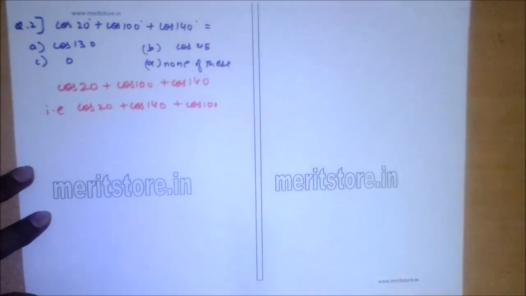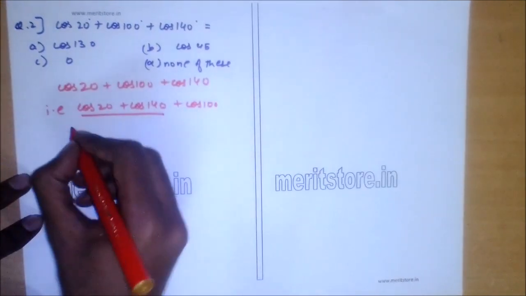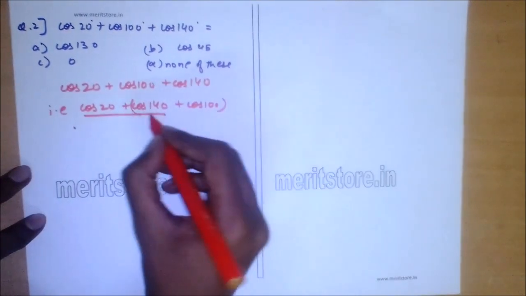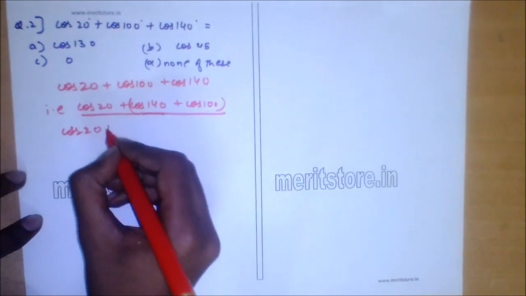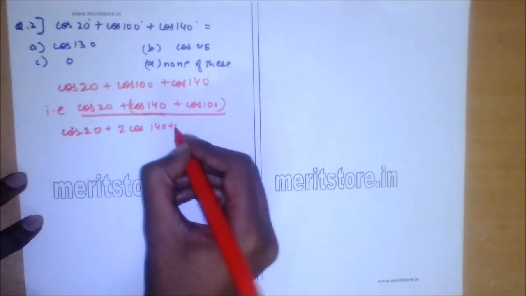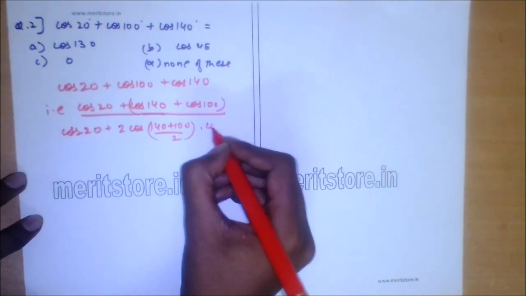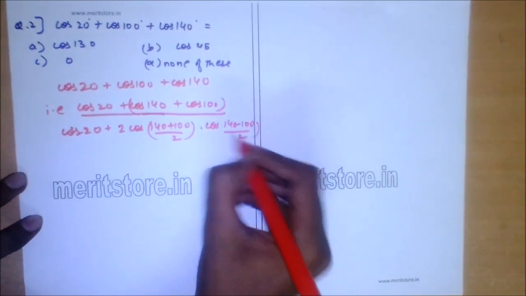Now we apply the formula for cos A plus cos B for these two terms. So we get cos 20 plus 2 cos (140 plus 100) by 2 into cos (140 minus 100) by 2.